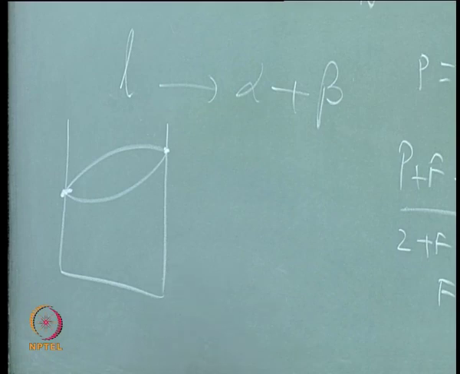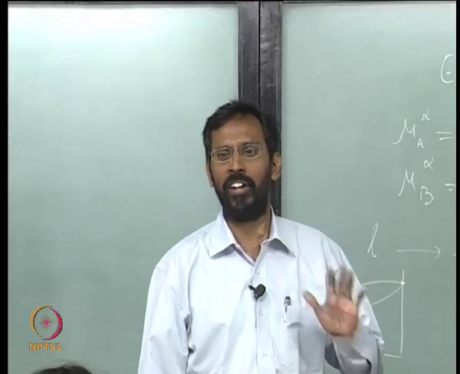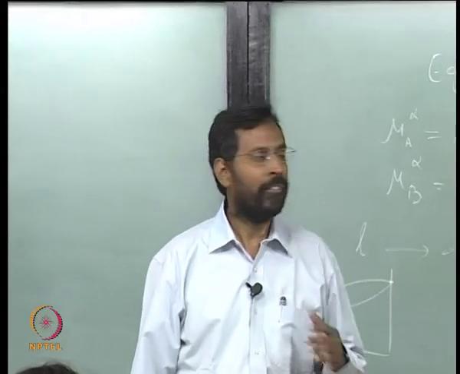Solid is becoming liquid or liquid is becoming solid, depending on which direction I am looking at. And when solid is becoming liquid or liquid becoming solid, how many phases do we have? We have 2. How many components? We have 1. And how many degrees of freedom? 1. That is where the problem is.